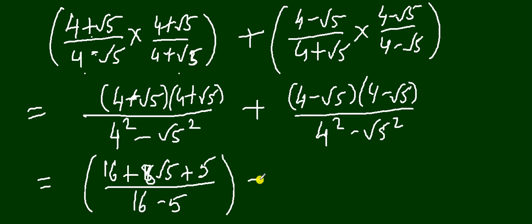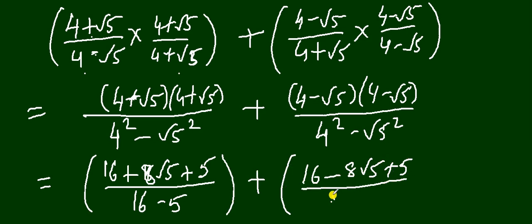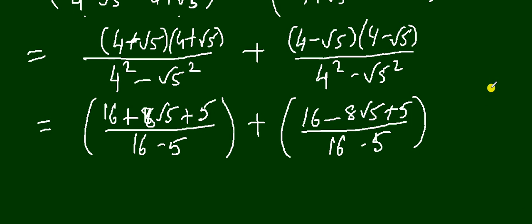So 16 plus 5 plus 8 root 5. And similarly here I'll get 16 minus 8 root 5 and again plus 5, because even negative root 5 times negative root 5 will be 5. And the denominator again here is 16 minus 5.